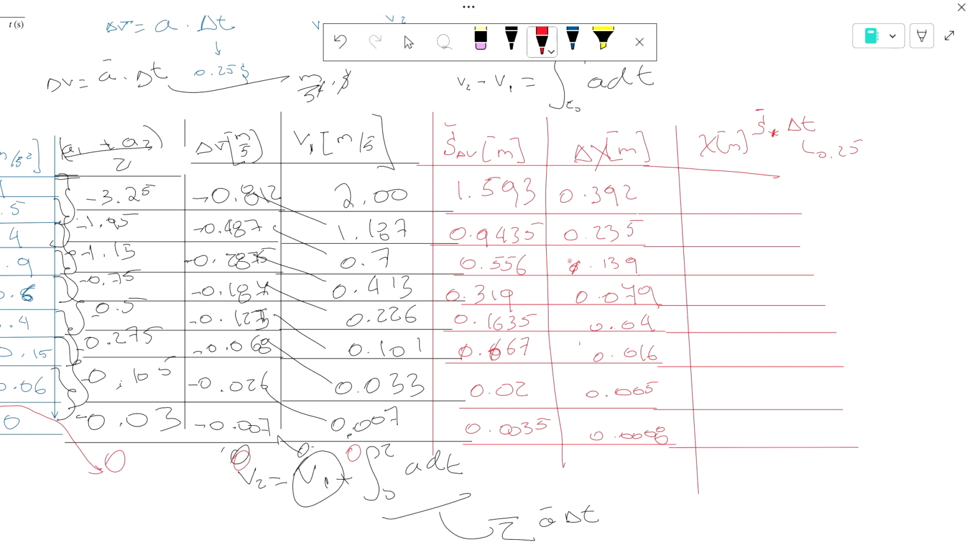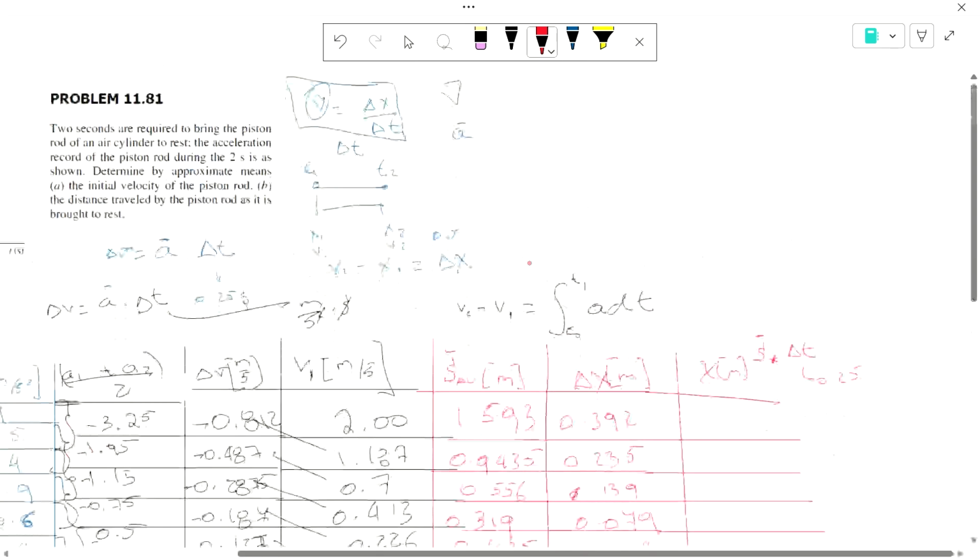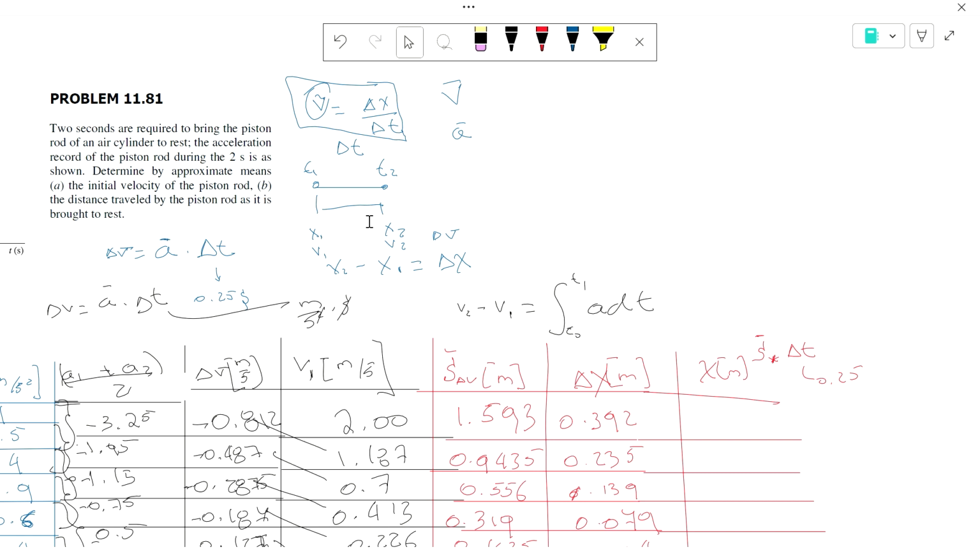So we have two options, and really they're not telling us where to start. If this was a problem that I asked you to solve, I would accept two answers. They're asking for the distance traveled.